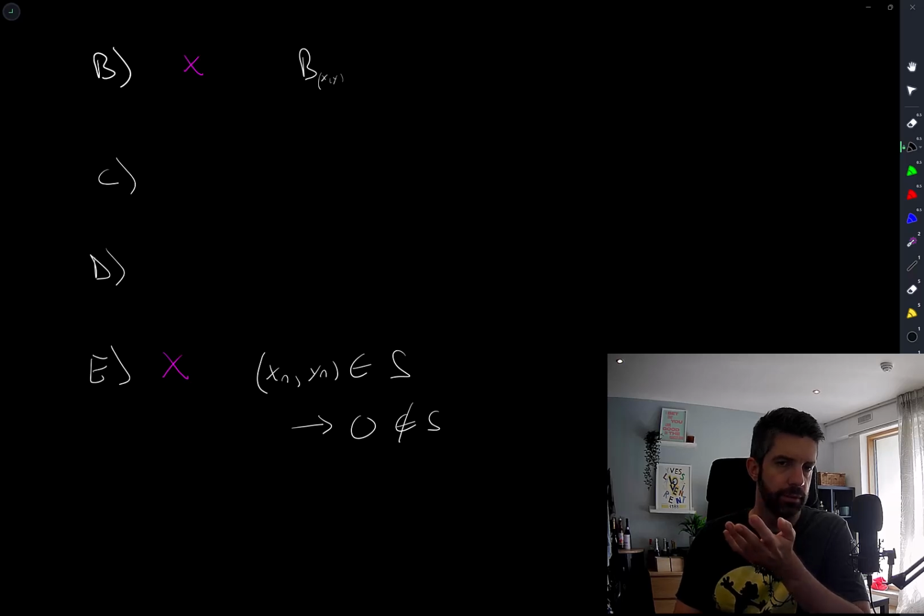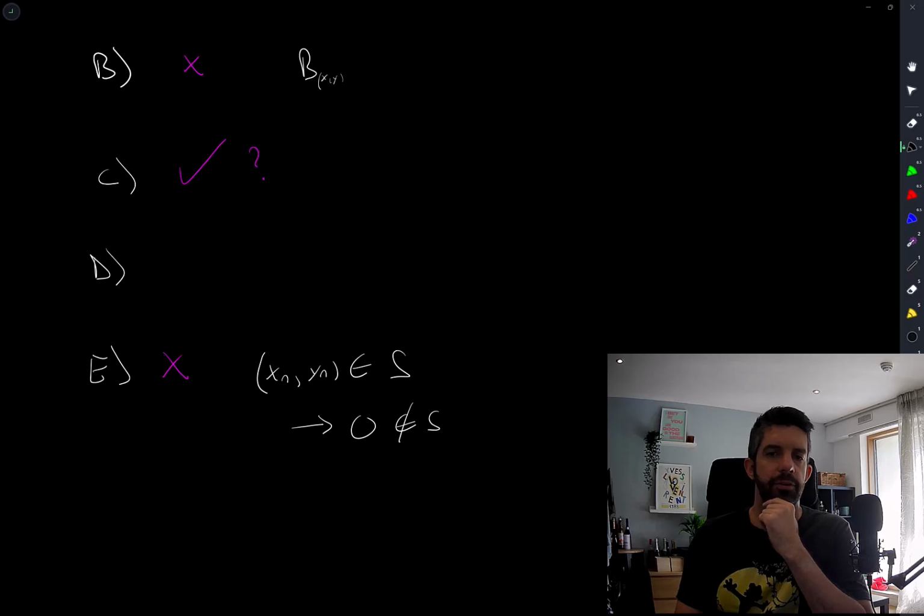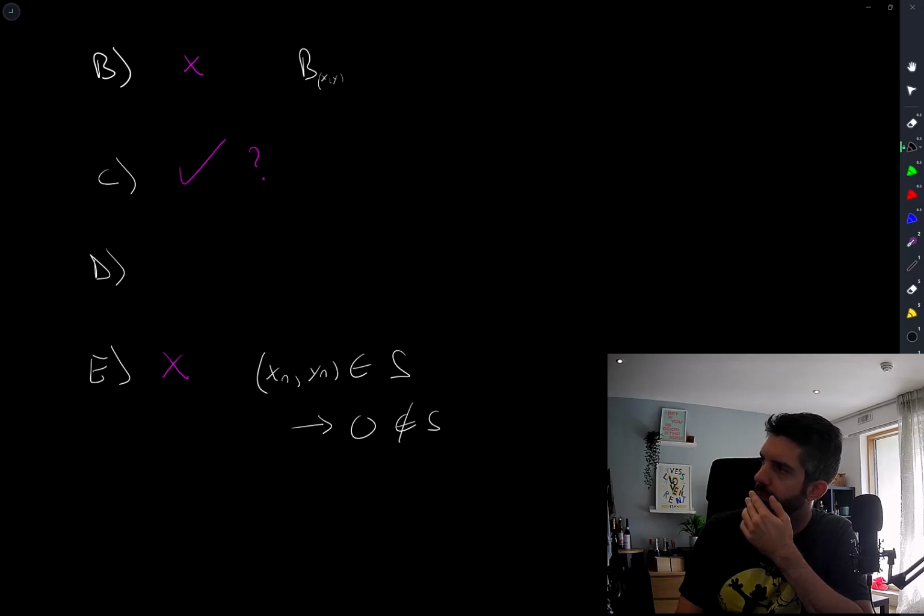I think it's connected. I'm going to put a check question mark here. Can I find two open sets? No, I think... if you can, they're certainly not going to be nice, right?